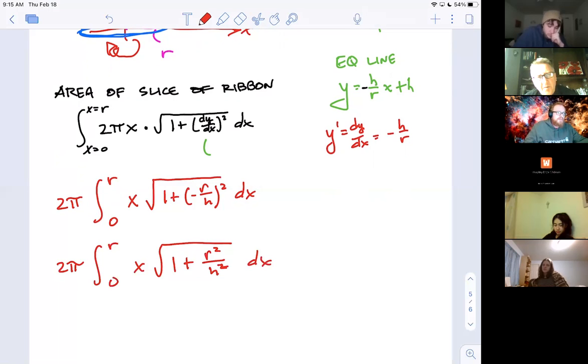Why is this not terrible? This actually might look terrible to you, but why is it really simple? What is this r again? r and h are constants, so can't you just add them? Those are just constants.